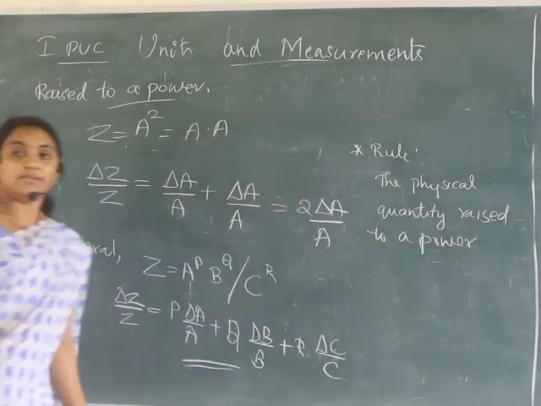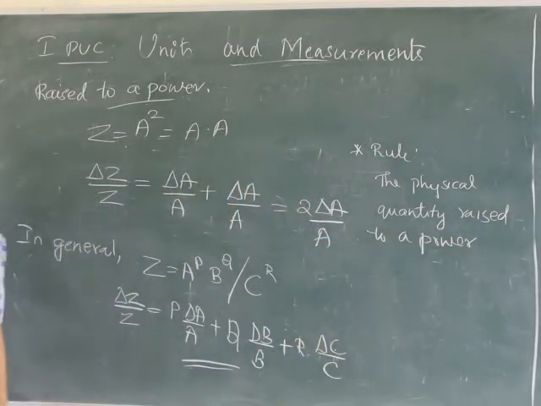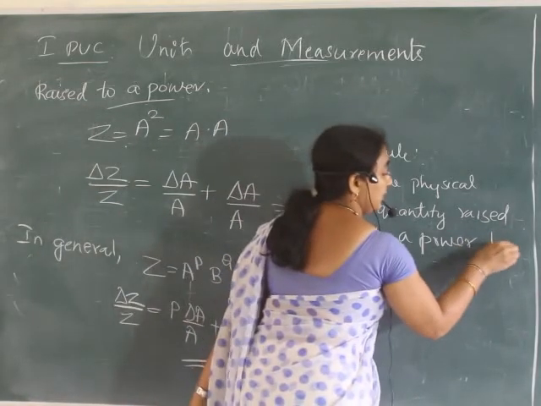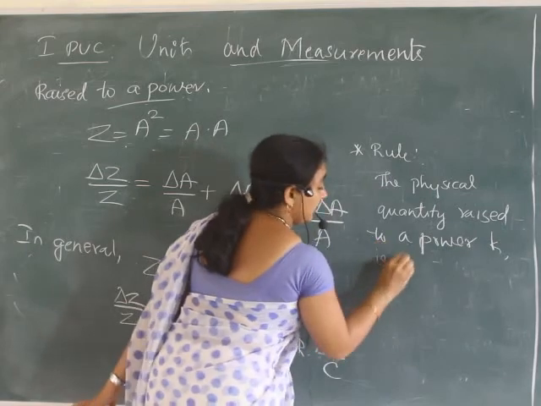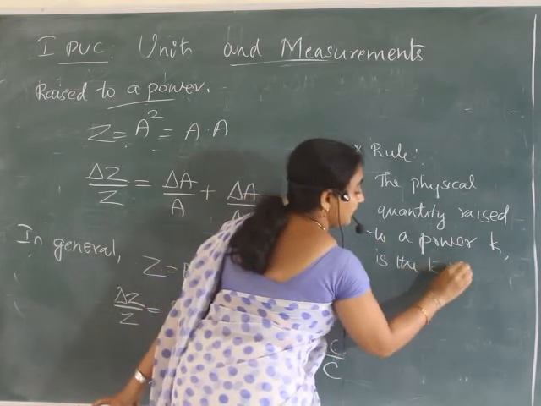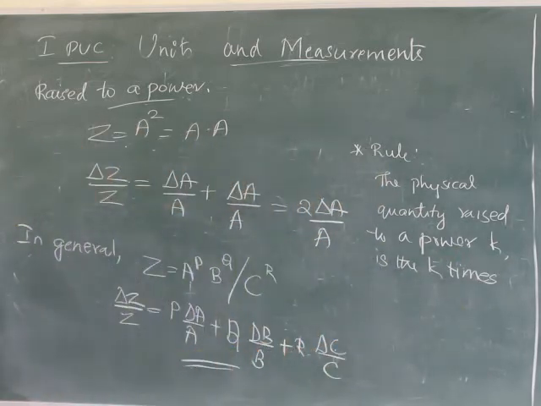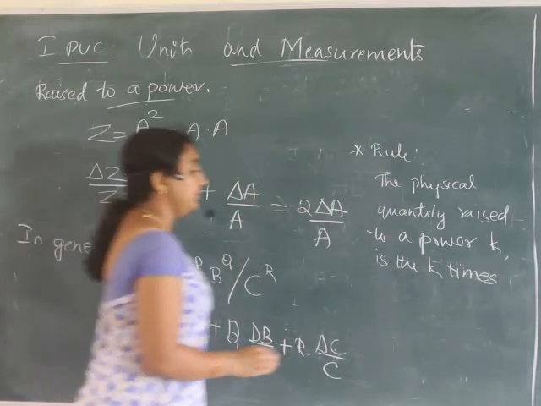Help me. A physical quantity raised to a power K is K times the relative error in the individual quantity.